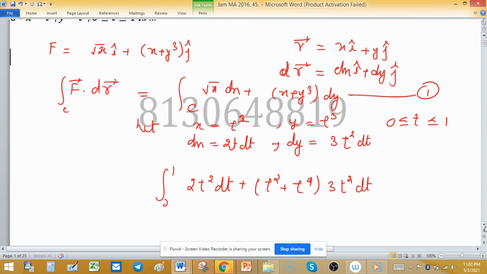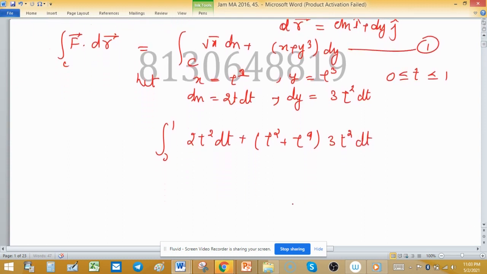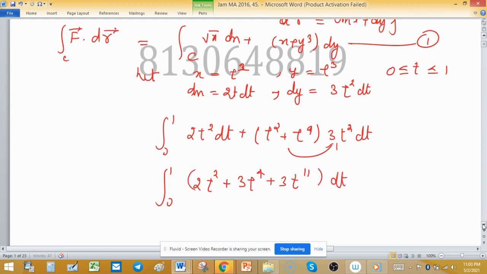Now you can take dt once and the integral sign only once. So you can write 2t square plus 3t raised to the power 4, since you have applied the distributive property here, plus 3t raised to the power 11. This is the integrand function, and the integral is with respect to t.